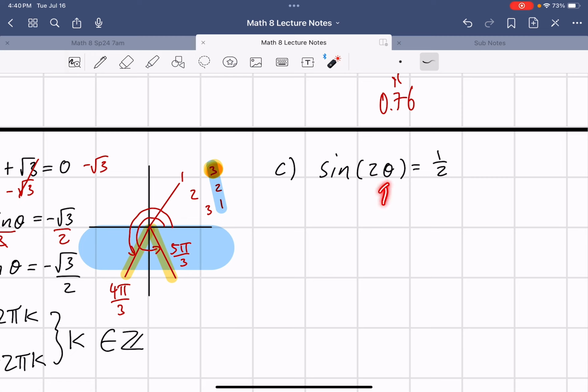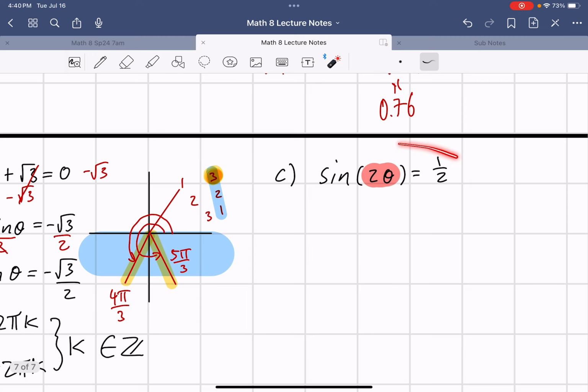Because we see theta and we think, okay, we have to find the theta that gives us 1/2. Be careful, because let's not forget, this entire argument is what's going to give us 1/2, not just our theta. We will find theta, that's what we're looking for. But when you're thinking of this equation, you're thinking of this 2 theta all on its own. Where does that give me 1/2?